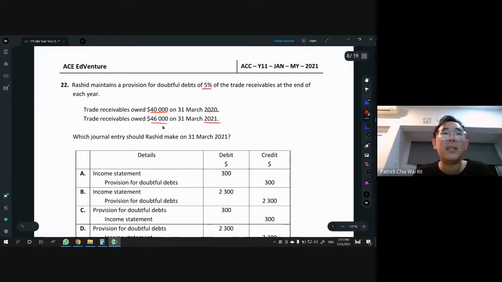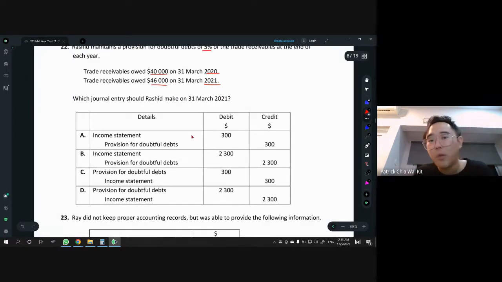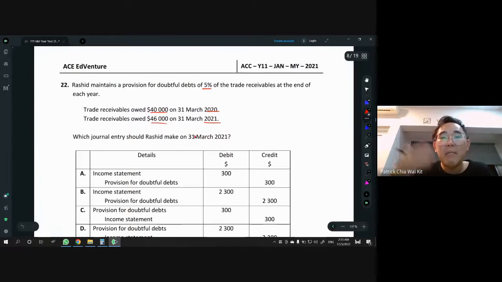This is an increase in PFDD. Is increase good or bad? Increase is not good, because PFDD means maybe people cannot pay us, maybe it becomes a bad debt, right? Since it increased, it's not a good thing. Not a good thing means it's an expense. If you want the answer to be expenses, is your income statement DR or CR?